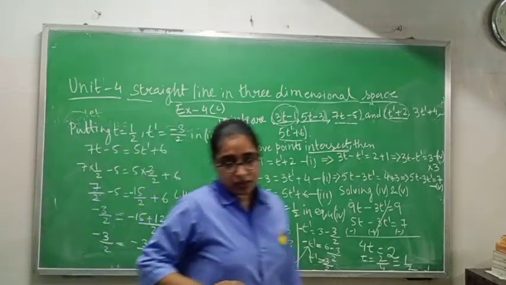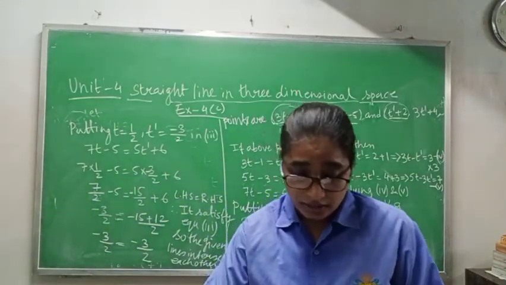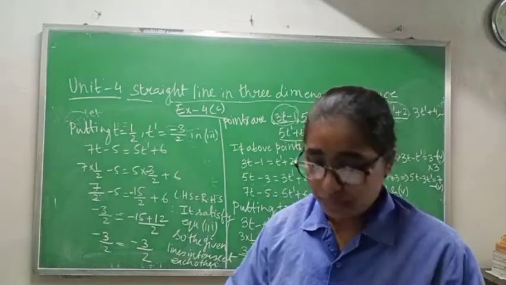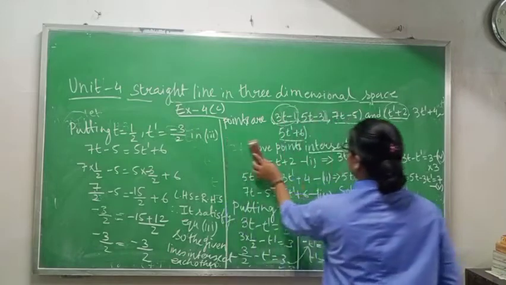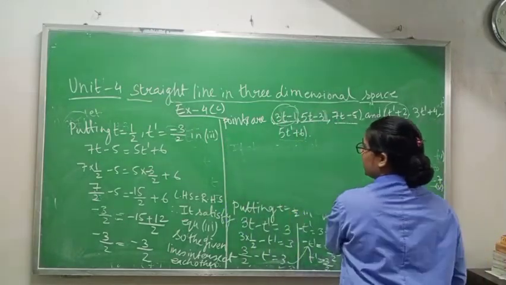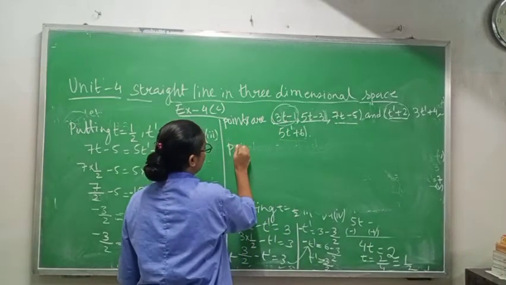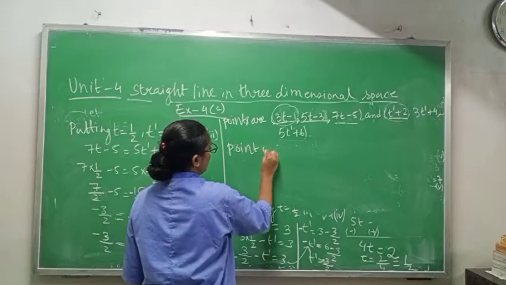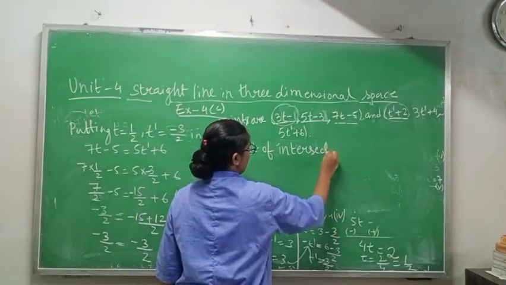After doing this, you have to find their point of intersection. How will you find the point of intersection? I am rubbing this part. Only one point they are saying, find the point of intersection. So you know these points, you can take any point. So you will write point of intersection.